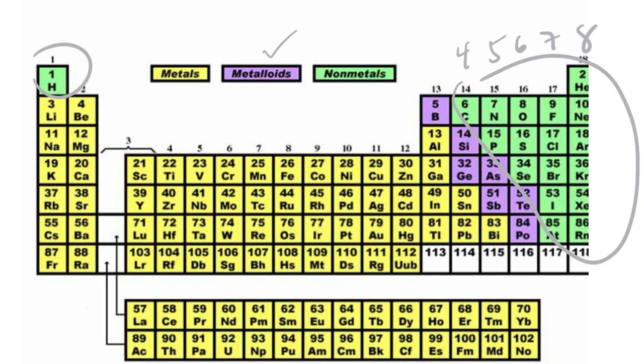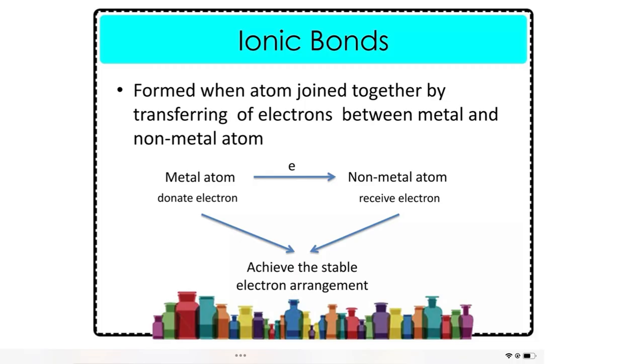Up here on the periodic table, it's in family 2, and fluorine is in family 7. Okay, sorry, I jammed a whole bunch of slides on this page, so you have to scroll down with me. So, when an ionic bond forms, a metal atom gives away its electron to a nonmetal atom, which takes the electron.